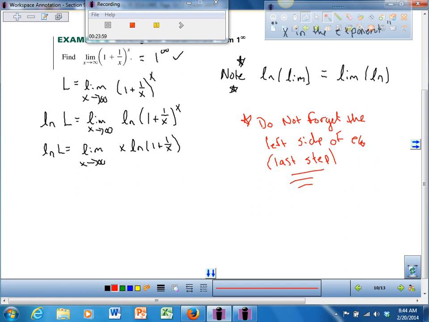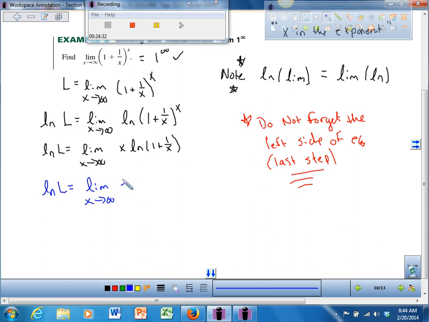All right. Well, now we have this limit on the right, and now it's similar to the problem we just did. We have a function times a function. How can I rewrite that so I have a function over another function? The left stays the same, the natural log of L. The limit as x goes to infinity of what? That's it.